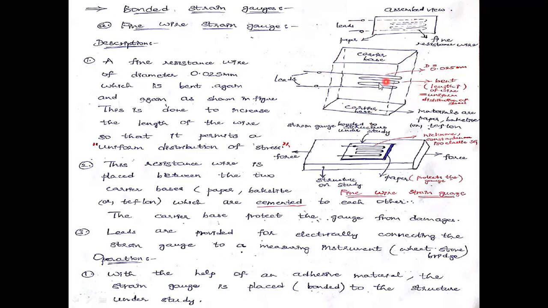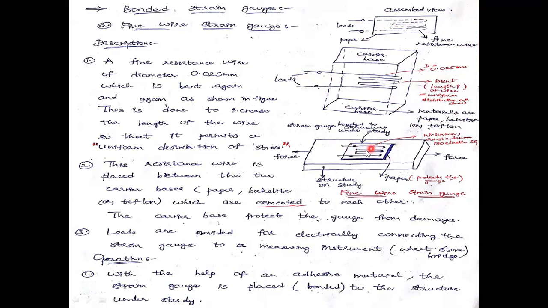Similarly here some bonded type of strain gauge is given. This strain gauge is fixed, and these two are the leads. This material, paper, bakelite or Teflon type of material can be used here.